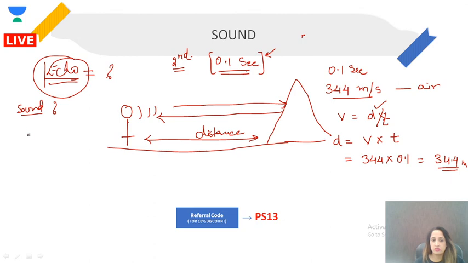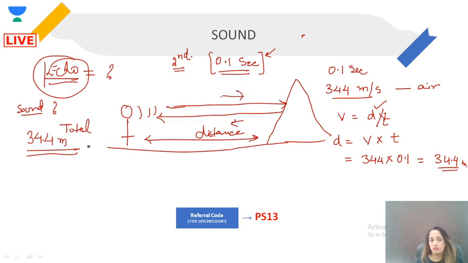It is the total because sound has to go and it has to come back. So we have to divide it by 2. That will be 17.2 meters.